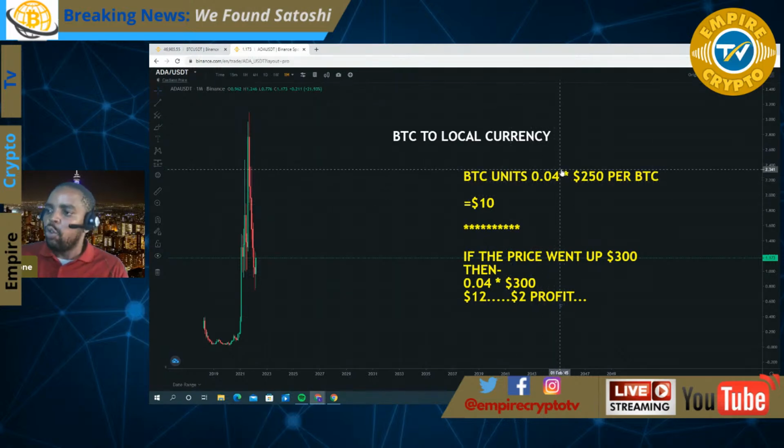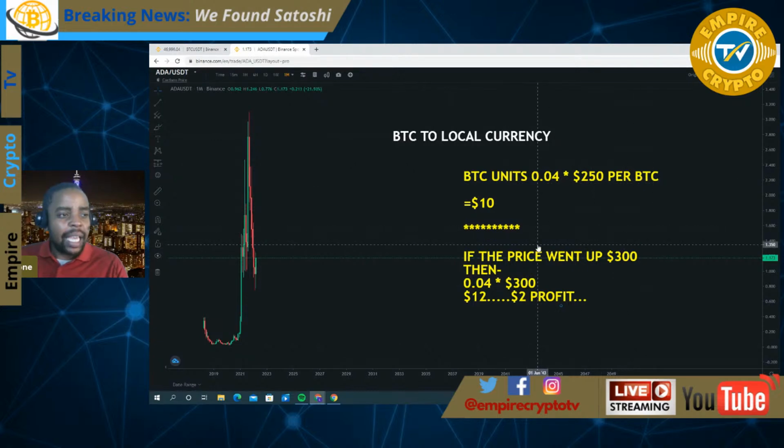You simply multiply by 250 per BTC, which is the market price. Instead of dividing this time, you're going to multiply your BTC units, and then conversely, you're going to get $10 from your BTC wallet if it has 0.04 BTC at a market price of 250 per BTC.